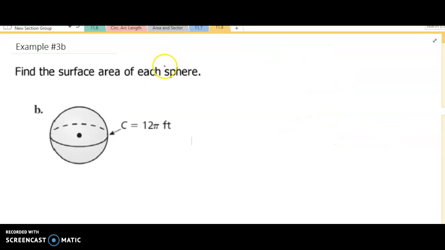Okay, let's look at example 3b now. It says find the surface area of the sphere, and it gives that our circumference is 12 pi. So the circumference of a circle is 2 pi r. So once again, to find the surface area or the volume, all I need is my radius. So I have to find my radius. I'm going to use the circumference to find my radius, okay?